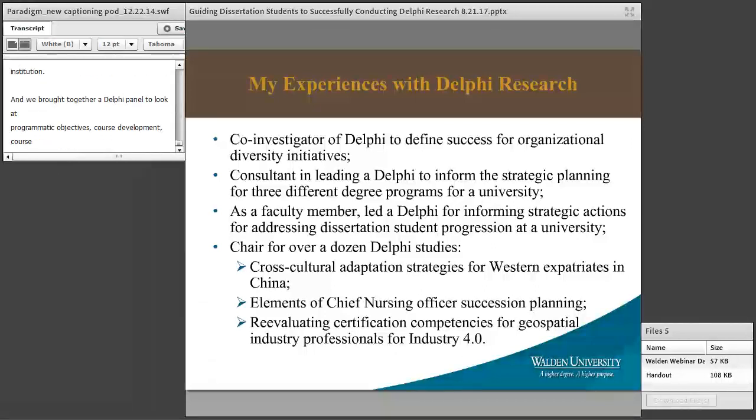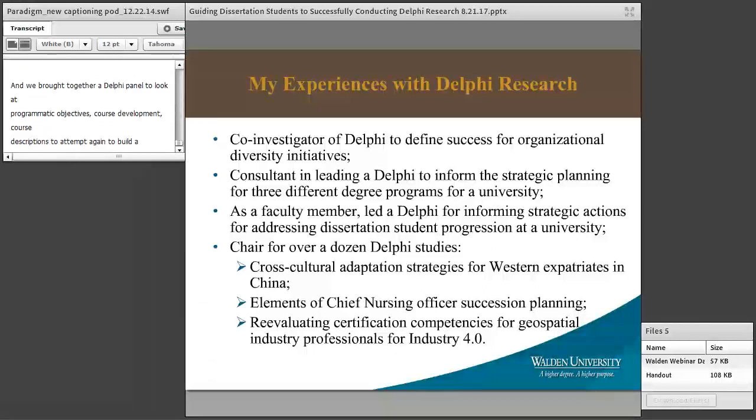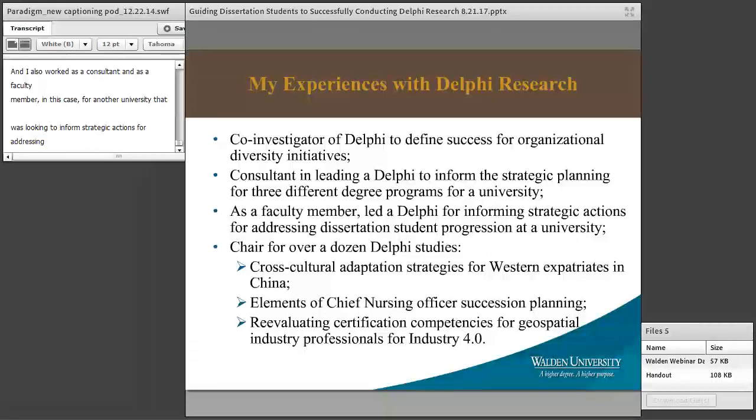And I also worked as a consultant and as a faculty member, in this case, for another university that was looking to inform strategic actions for addressing dissertation progression of students and how to accelerate that progression. And we did a Delphi study for that. And we again looked at desirability and feasibility.